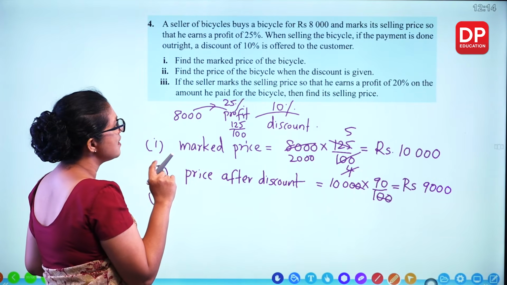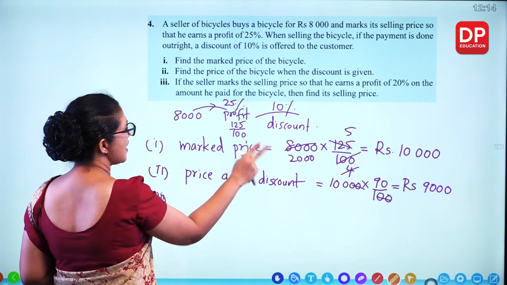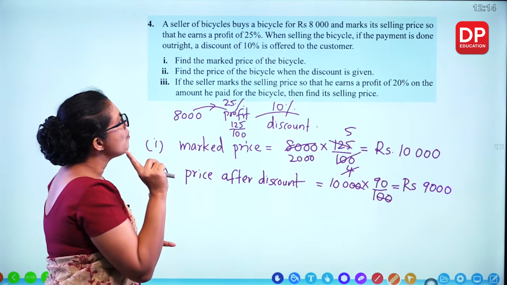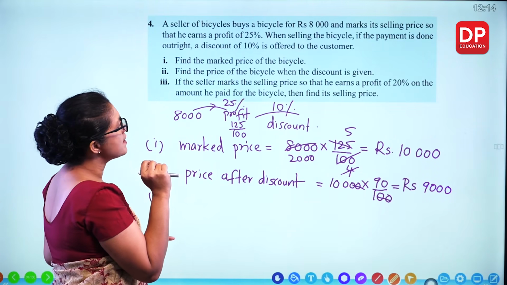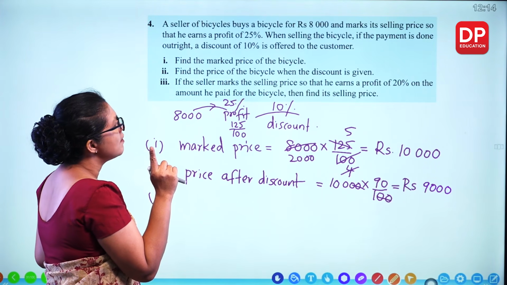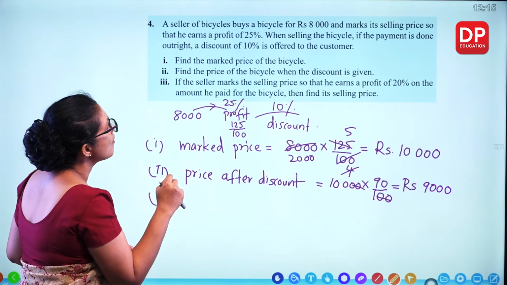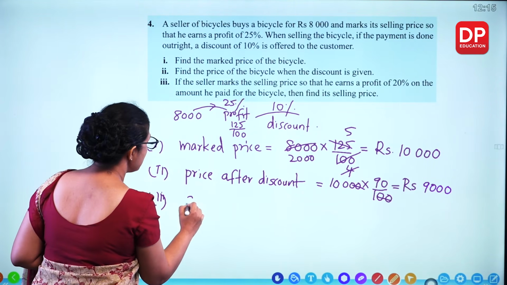So he needs a profit of 20% now. So the marked price is 10,000, with the profit of 20% on the amount he paid for the bicycle. What's the selling price?